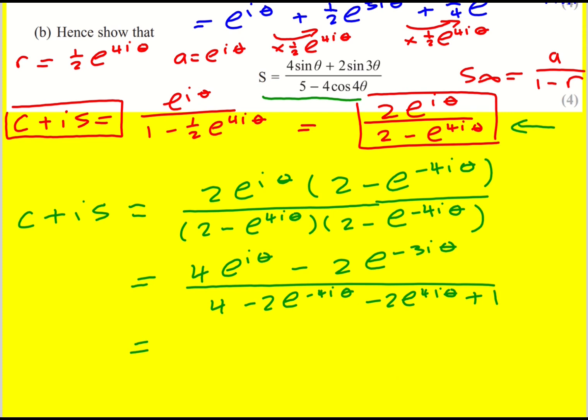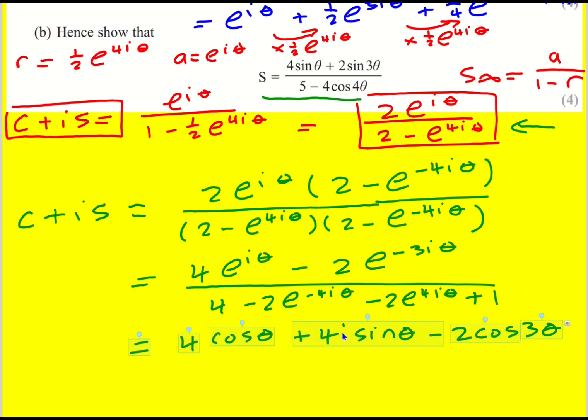All right, time to use Euler's relation again. So we're going to get 4. Remember, we're going to be looking at the imaginary part in a minute. So 4 cos θ plus 4i sin θ, minus 2 cos(-3θ), but that is just the same thing as cos 3θ.